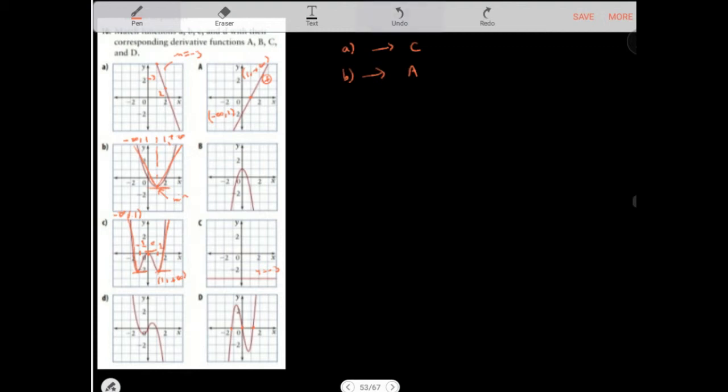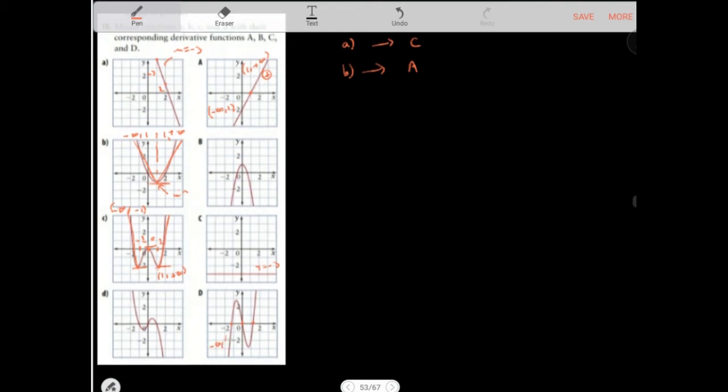So from negative infinity to -1 there should be a negative slope. You can kind of see that here. And from positive 1 onwards, 1 to positive infinity, there's a positive slope like what we intended.